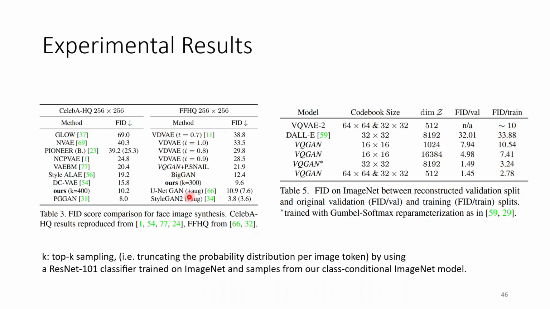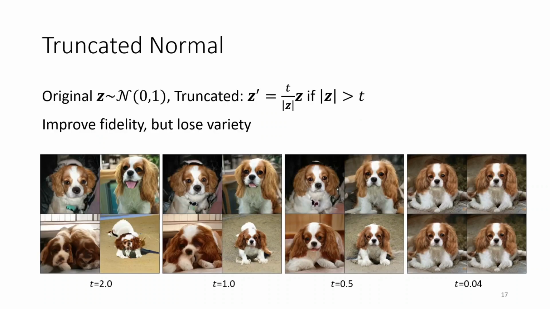And here is a parameter k. Let's go back to the BigGAN. Do you remember? Let me show you the truncated normal. Here, if you reduce the available range of the noise signal, you can improve the fidelity, but you will lose the variety.